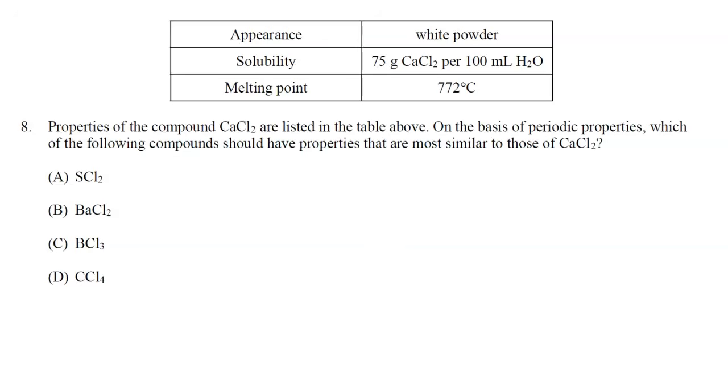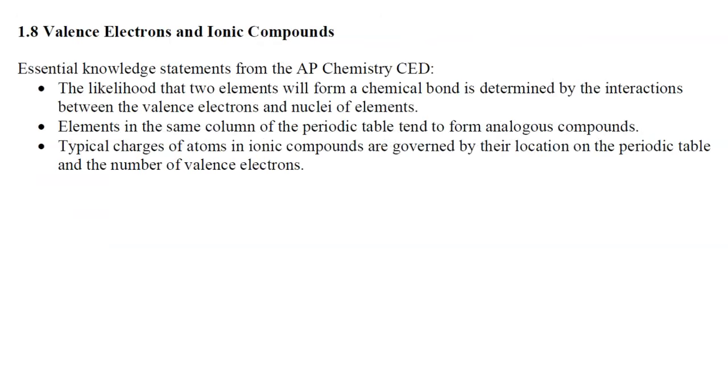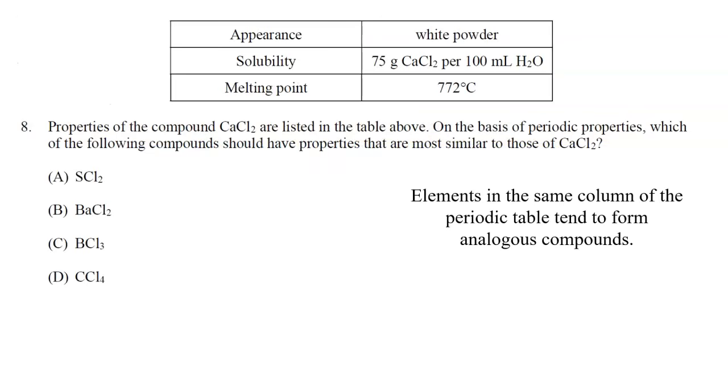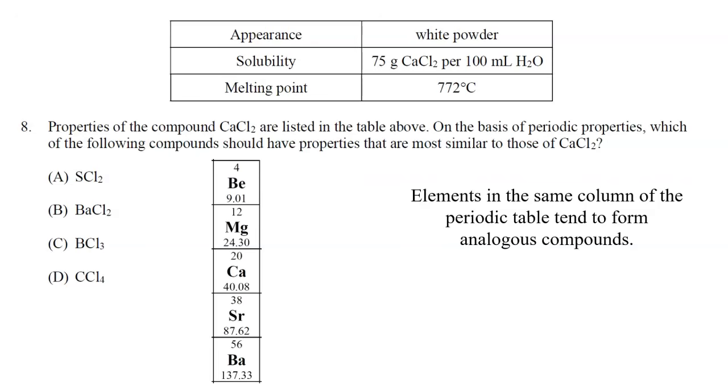And if we look at one of the essential knowledge statements in topic 1.8, valence electrons and ionic compounds, it says that elements in the same column or the same group of the periodic table tend to form analogous compounds. That means compounds that have similar chemical formula and properties. So since we have calcium chloride, let's take a look at an element that is located in the same group or the same column as calcium.